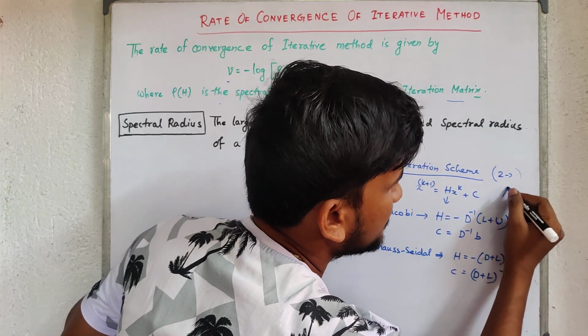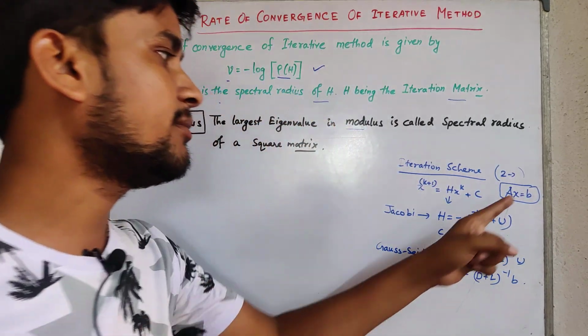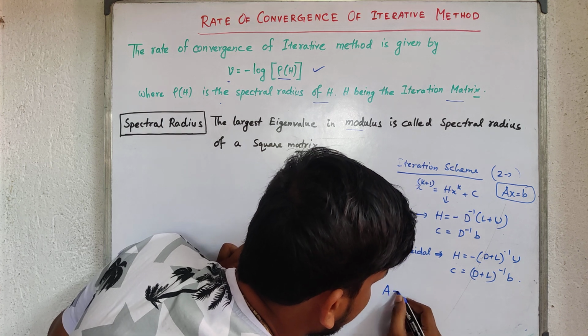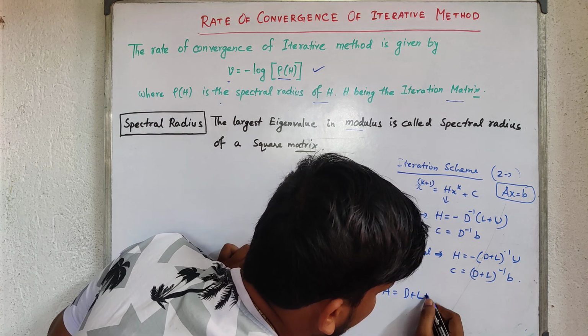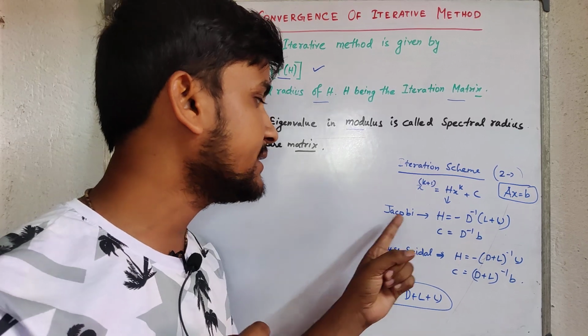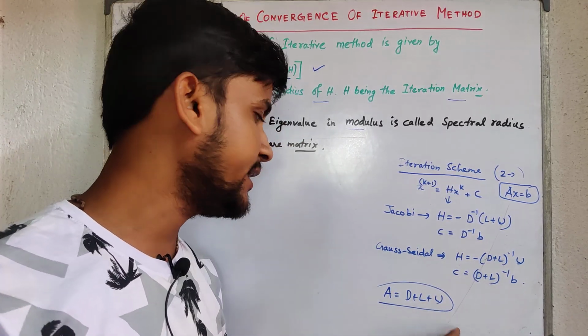If we want to solve the system Ax equal to B, we can write A equal to D plus L plus U. You can watch these two lectures on how to find the Jacobi iteration matrix and Gauss-Seidel iteration matrix, then you should be very clear about this.